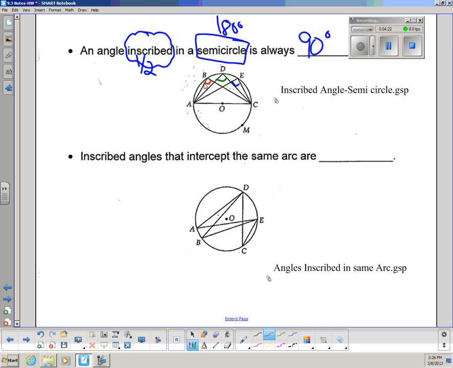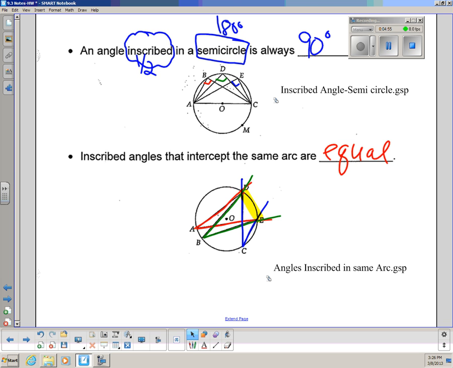If I outline angle DAE, and I outline angle DBE, and I outline angle DCE, hopefully you realize that all of those angles sit inside this one arc. That should tell you that angles inscribed in the same arc have to be equal, have to be congruent.